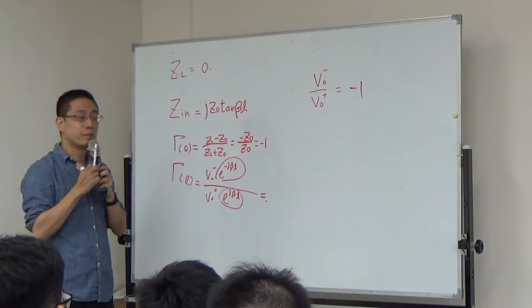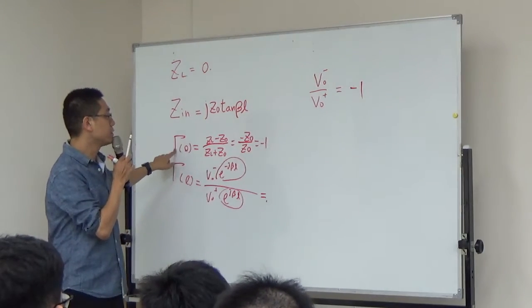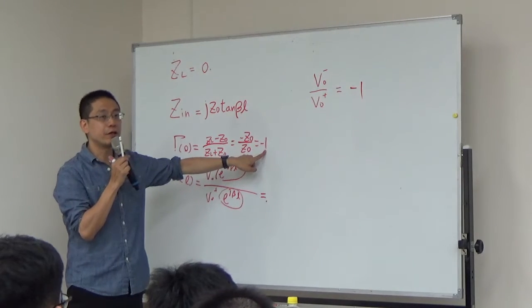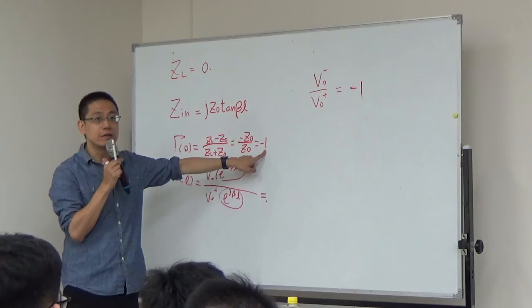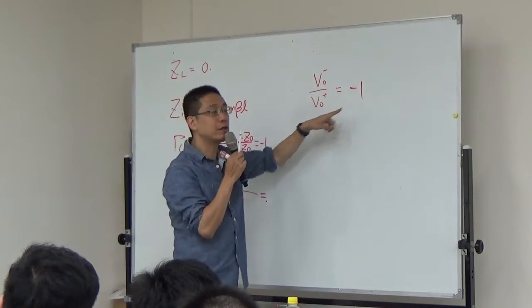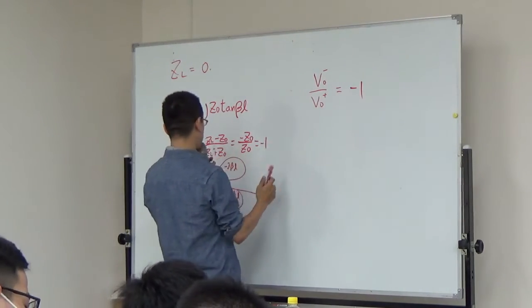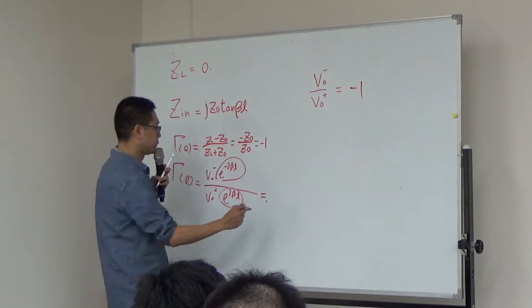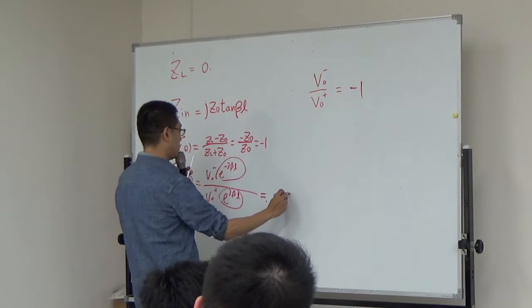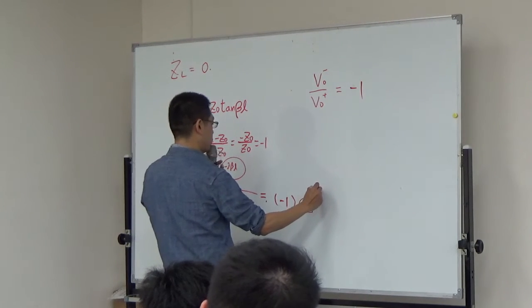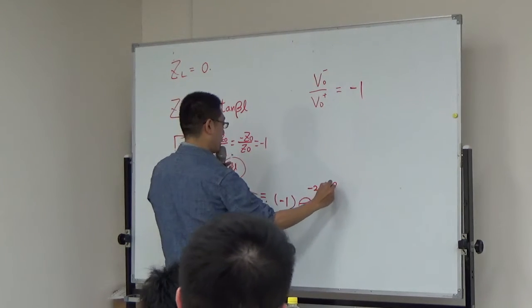Right? Because this is your reflection coefficient at 0. Z and L are both 0. So this is a minus 1. So this one equals to minus 1 times exponential minus 2j eta L.